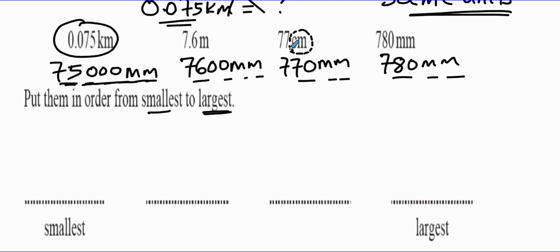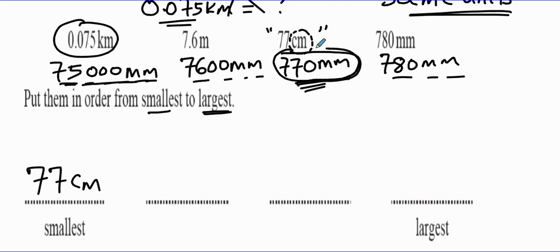So the smallest is this one here. But can you notice that 770 millimeter is not there? What we have in the list originally is what we keep. So the smallest is 77 centimeter. Majority of students copy this number. No, this number was here to help you to know that 77 centimeter is the smallest.